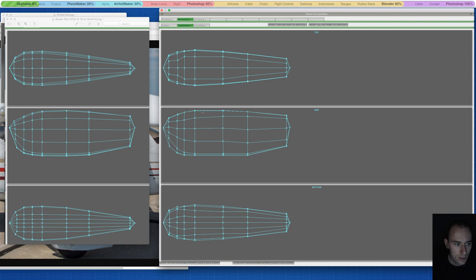This one is still going up a bit, so it should be a bit lower. Just crossing. This one should be a little bit more. It's more pointy on that side.